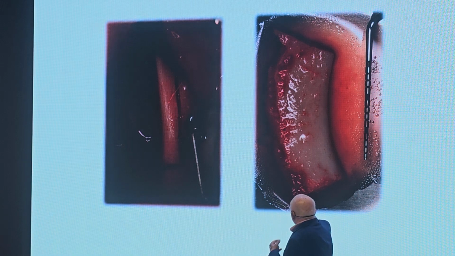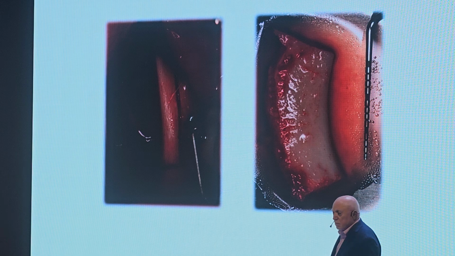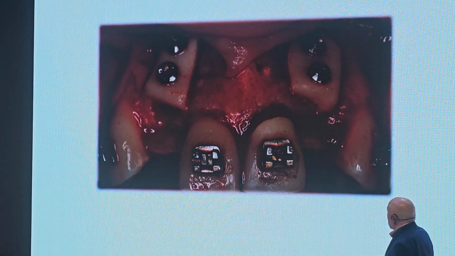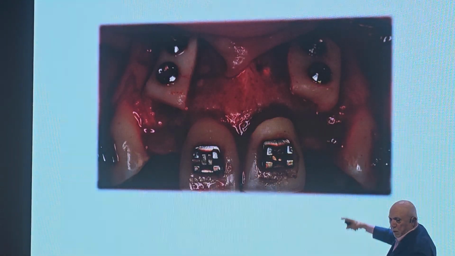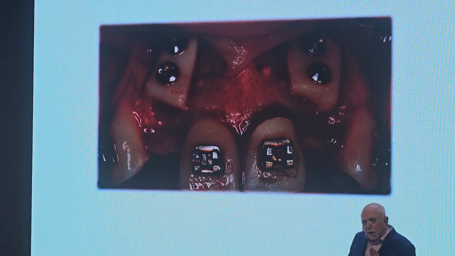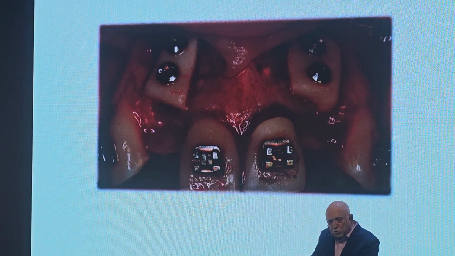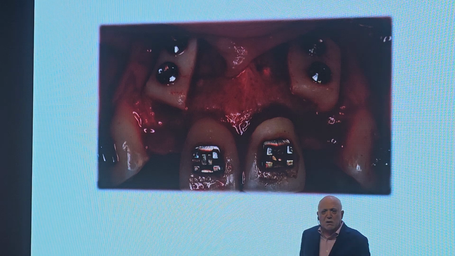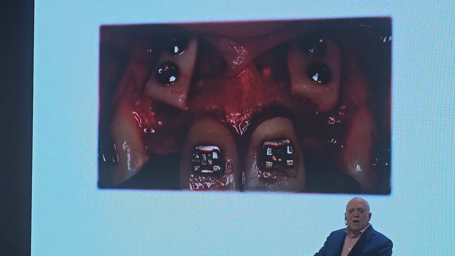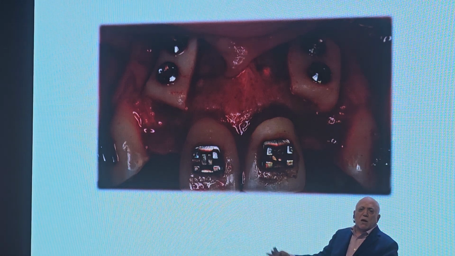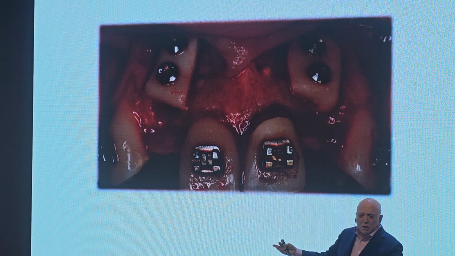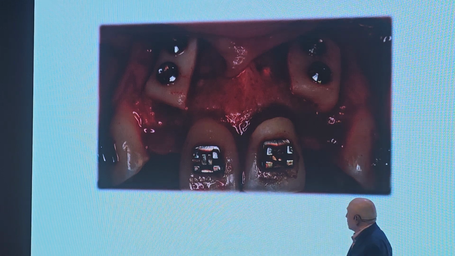We take that bone, open up that space, and stick it there with 2 titanium screws on each side, put the flap back on, and start orthodontic treatment all over again.